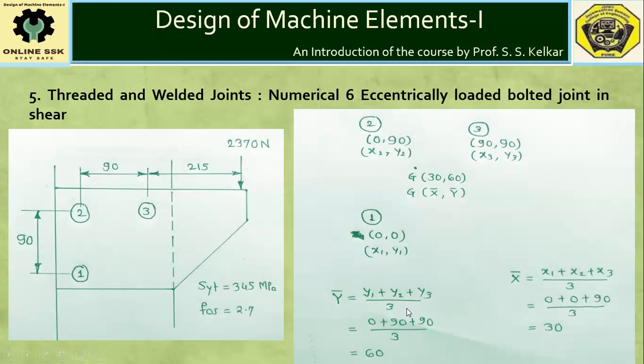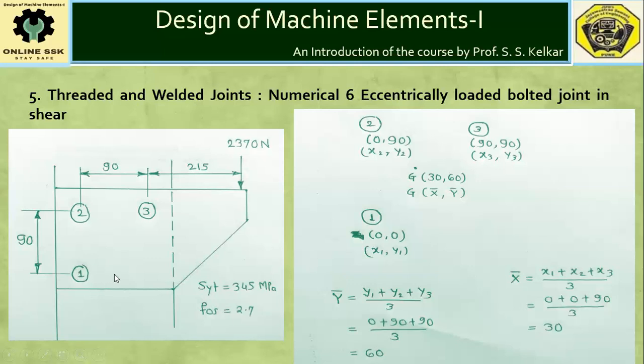Here y1 is equal to 0, y2 is equal to 90, y3 is equal to 90, so 0 plus 90 plus 90 divided by 3. So y bar, the y coordinate of the center of gravity, is equal to 60.